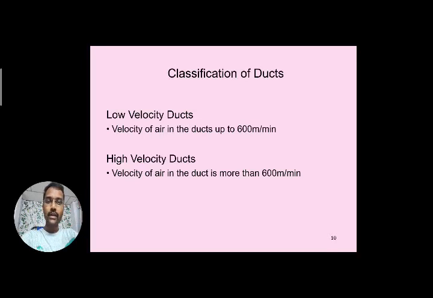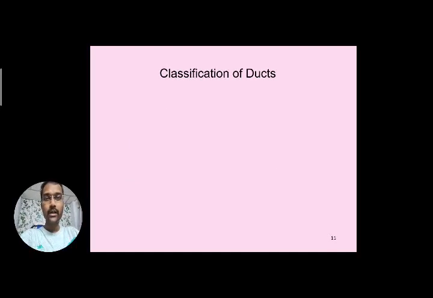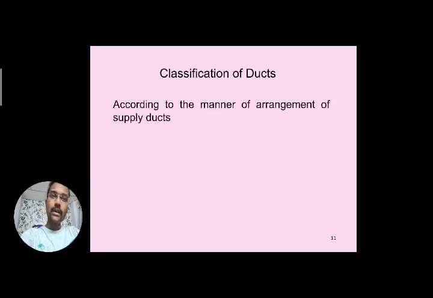Next, similarly we have the high velocity ducts, where it is carrying more than 600 meters per minute. Okay, high velocity, more than 600 meters per minute. So this is regarding the classification based on the velocity. And the next criteria we'll see is the manner of arrangement of the supply ducts. So how they are arranged.